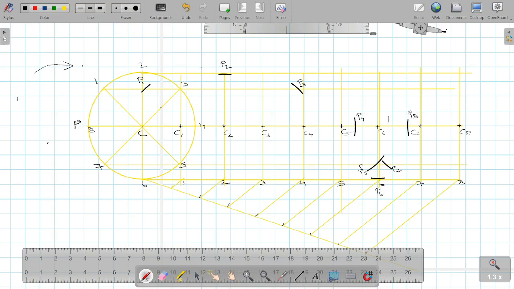So finally what we need to do is join all these points by means of a smooth curve. The curve should be passing through all the points.